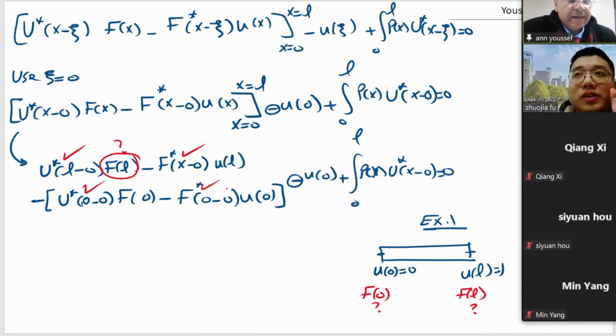Professor? Yes. Yeah. I guess maybe the second F star inside the X should be L. Is the second F star this one? Yeah. This one? I cannot see the mouse. This part you mean?